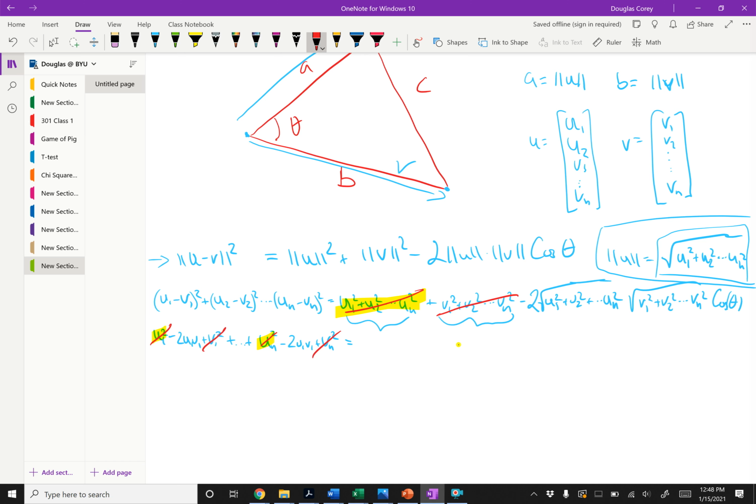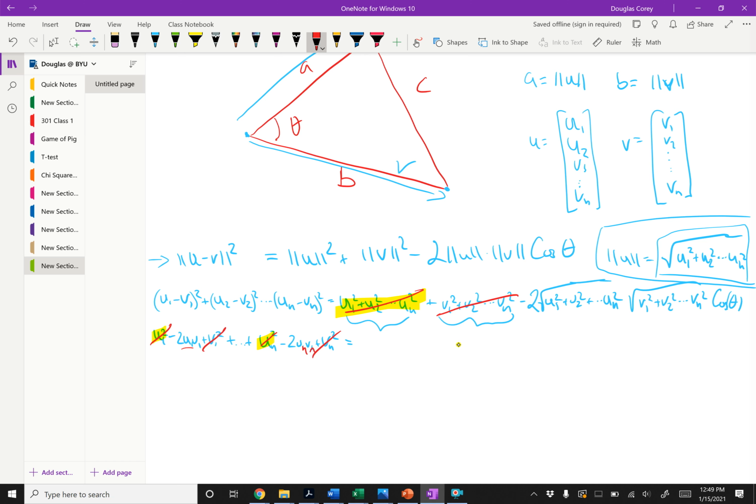And so all I have left over here are these 2u1v1 plus minus 2u2v2 down to minus 2unvn. Okay, so that's on that side. Over here, what do we want to do?